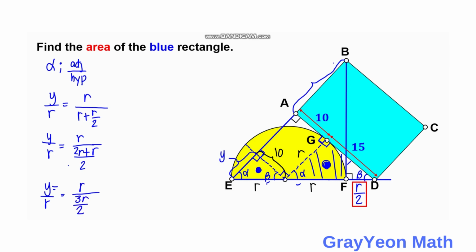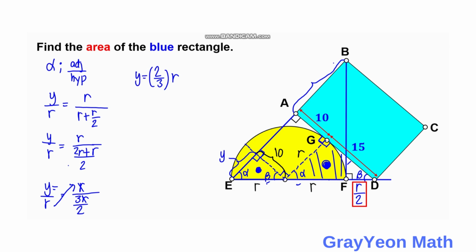And we can simply cancel this r. And these 3 halves reciprocate, so this becomes 2 thirds. If you cross multiply, multiply the r from the denominator of the left hand side, so this becomes 2 thirds of r. So y is equal to 2 thirds of r.